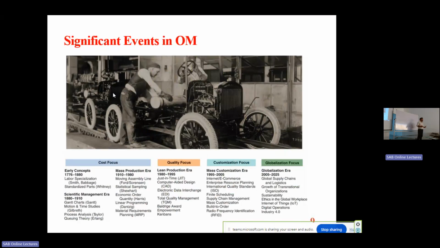Operations managers are now responsible for bringing such changes quickly, not only cost but quality also. During the latter part of the 20th century, the 1980s, especially the 90s, and then from the 21st century onwards, there are a lot of technology improvements, so most of the concepts there are technology concepts.